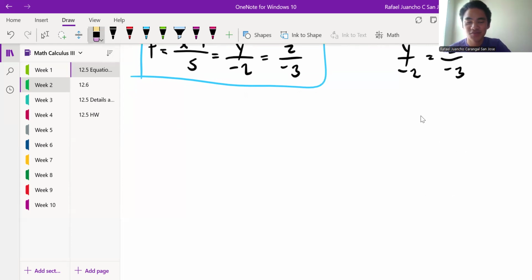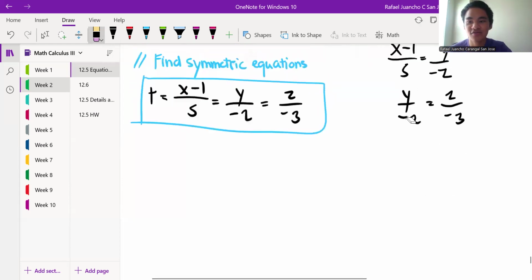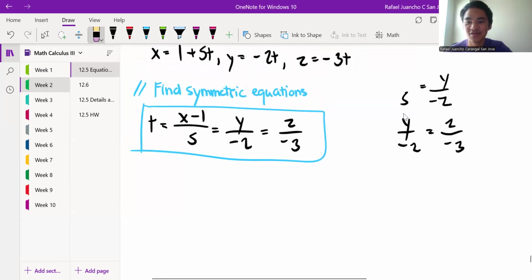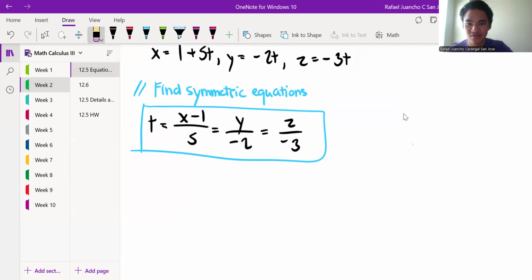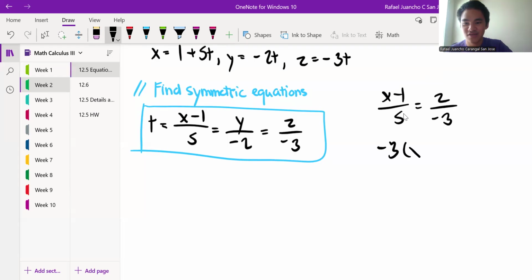Let's say I don't have x, at least I have y and z, and I can use that to determine the line, and then maybe solve for x. Or vice versa, I don't have z, at least I have something in terms of x and y. Or I could even have x minus 1 over 5 equals z over negative 3, so negative 3x minus 1 equals 5z. I have something in terms of x and z, which is that same line.